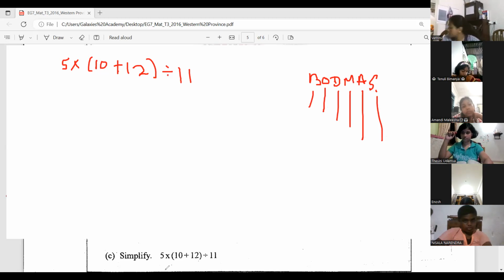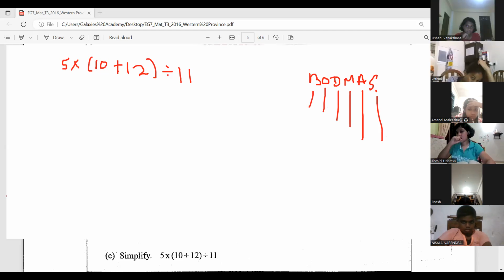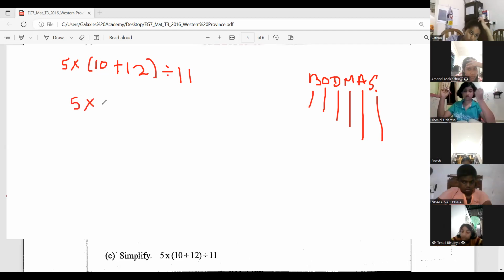Right? So if the question contains a lot of mathematical operations, first you have to follow the bracket, no? So you have to simplify inside the bracket. So what is the answer? 5 multiply 10 plus 12, 22 divide 11. Now you have only two mathematical operations, multiplication and division.